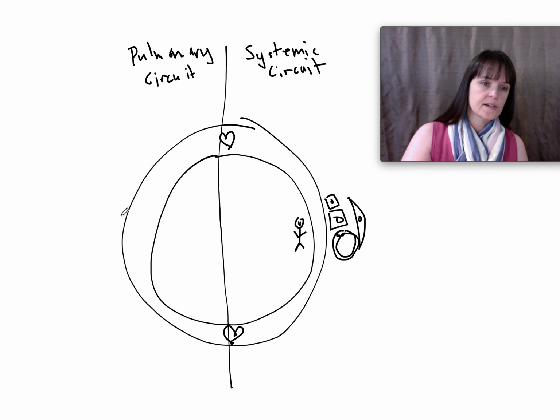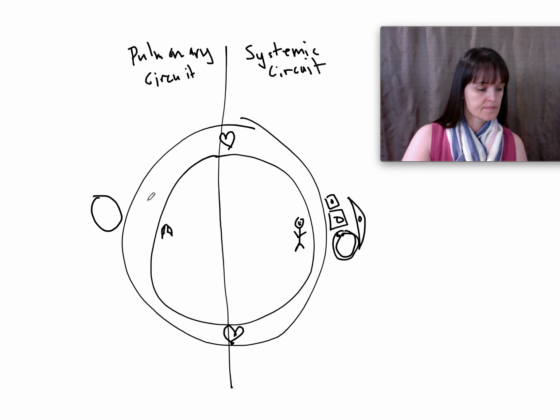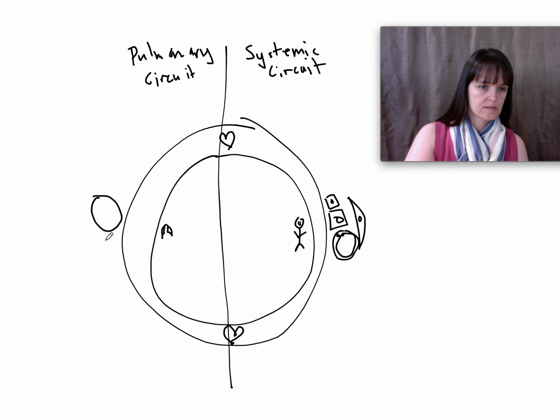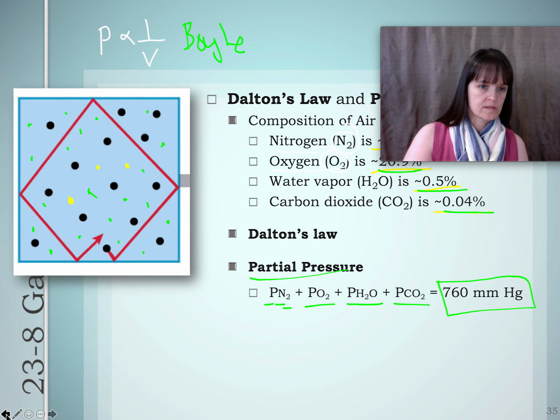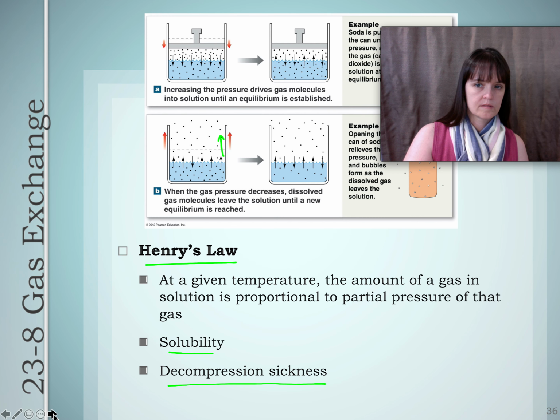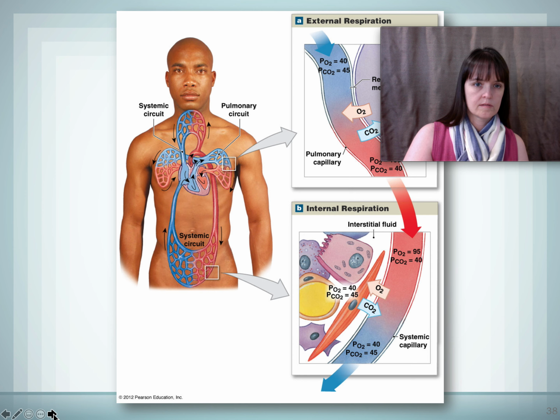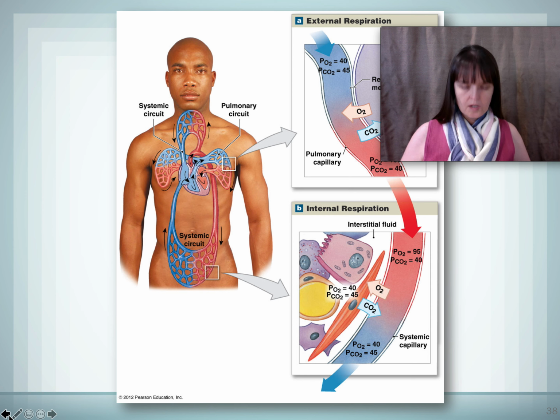And then here, I'm going to draw my terrible rendition of lungs. Yep, that was terrible. And over here, I'm going to draw an alveolus, a picture of one alveolus. Oh, I just deleted it, didn't I?